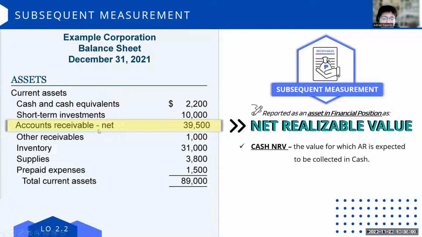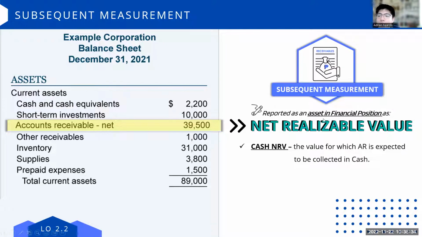So now, we know that the subsequent measurement of accounts receivable would be in its net realizable value. So AR initial measurement is fair value, but the subsequent measurement should be at net realizable value.